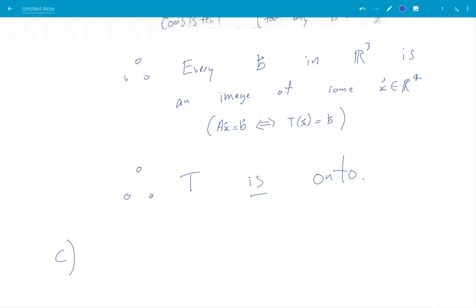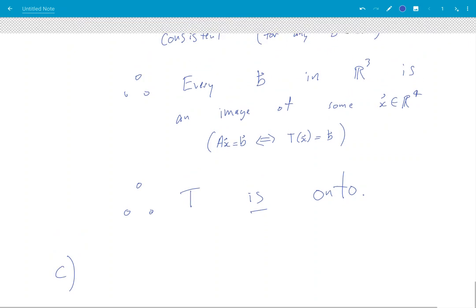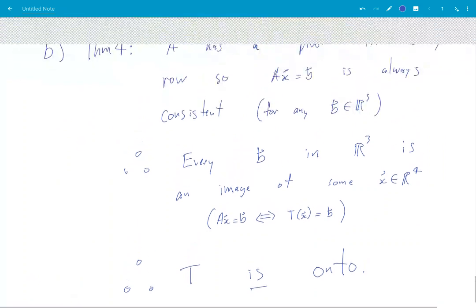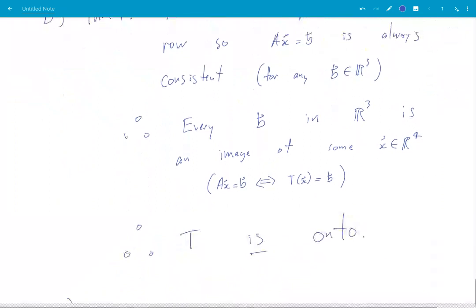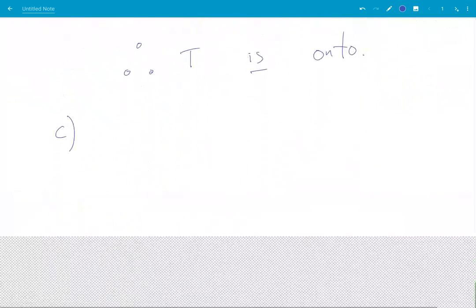C. So for C, I'm asking is T 1 to 1. So now I'm asking, let's write down what I'm asking here.